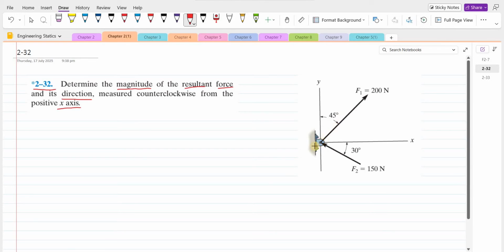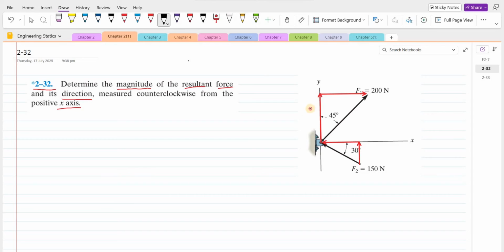y components. So for the F1 force, I have a vertical component and a horizontal component. Similarly, for the F2 force, I have a horizontal component and a vertical component. Let's label them.